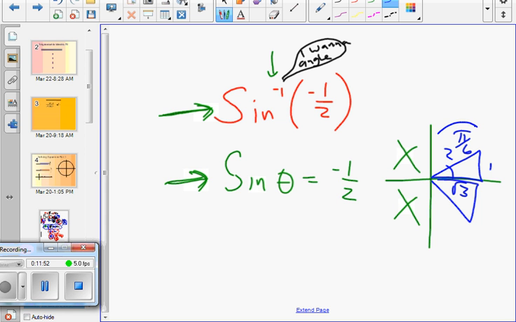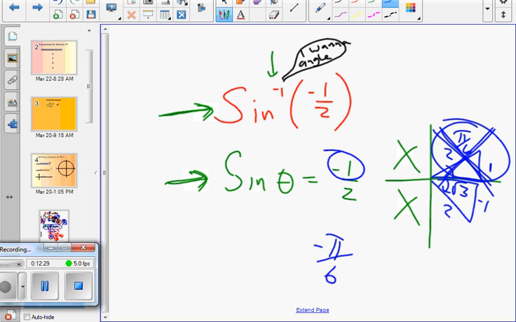Why doesn't this one work that I just said? Yeah, it's supposed to be a -1, and I drew it where there would be a positive. That one's wrong. Okay, so this one's -1, and then the hypotenuse is 2, and that's square root of 3. And now I can't use pi/6, but I can use -pi/6. Raise your hand if you had -pi/6. Okay, awesome. It's because it goes down into this zone, -pi/6.